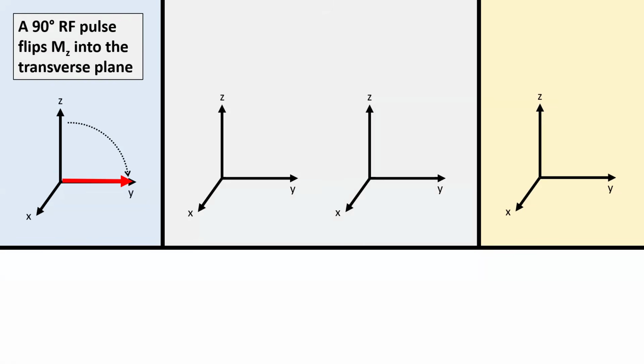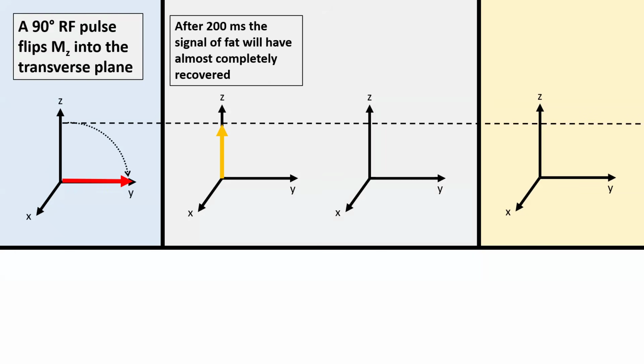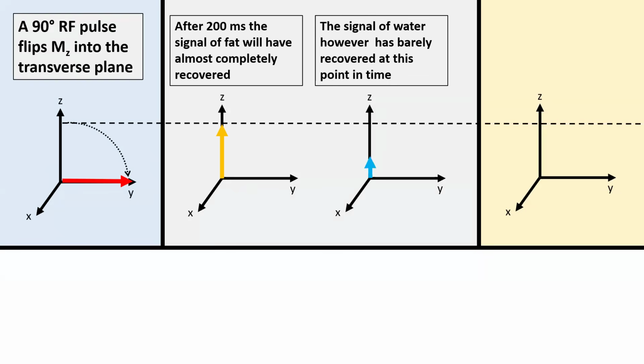If we wait a short amount of time, let's say 200 milliseconds, we will see that a lot of fat magnetization will have already returned completely in the longitudinal plane. It will have almost completely recovered. However, for water, in the same time period, only a little bit of magnetization has recovered.